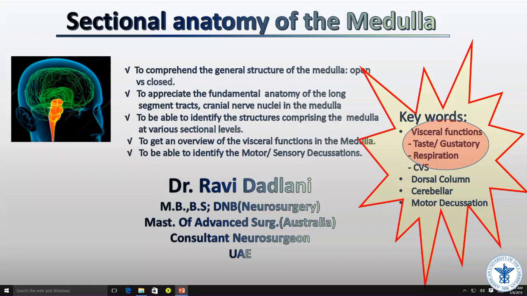They have very specific functions there, but when we come down to the medulla, there's a lot of overlap. They share the nuclei. And I'll tell you why that's important. But remember, the key is the visceral functions in the medulla. So you have things like taste, gustatory functions, respiration, cardiovascular functions, swallowing, stuff like that, yeah?